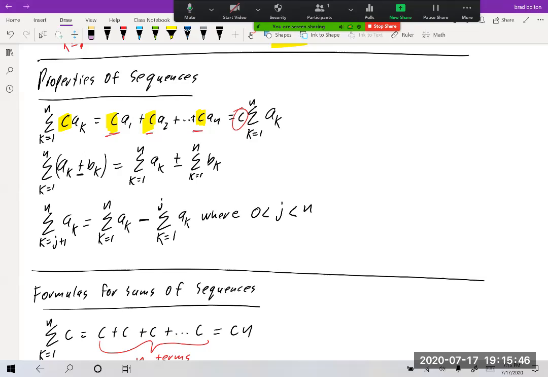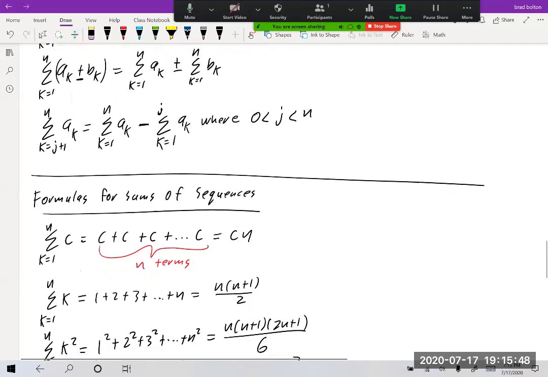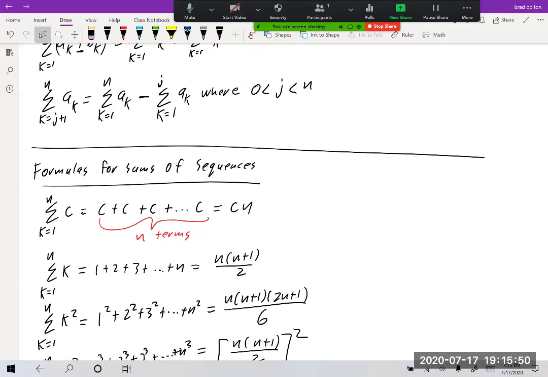So this next one says that if you want to start k at j plus 1, you can do that, but all you do is you go from 1 to n and then subtract off 1 to j, and whatever the leftovers will be the terms after j added up.